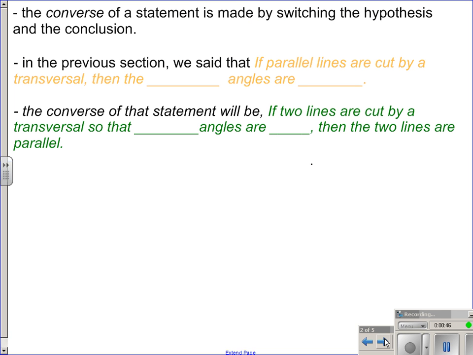All right, so you don't really have to copy this part down, but definitely read through it, pay attention. Remember the converse, you are switching your hypothesis and conclusion.